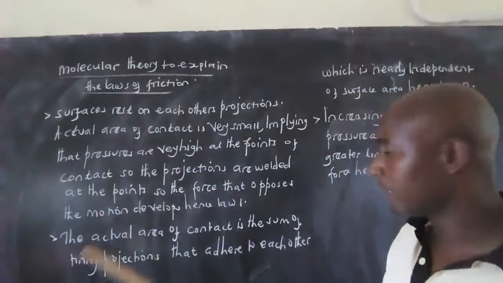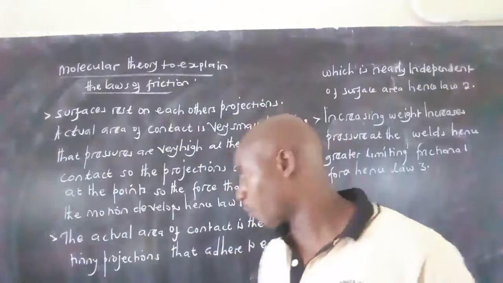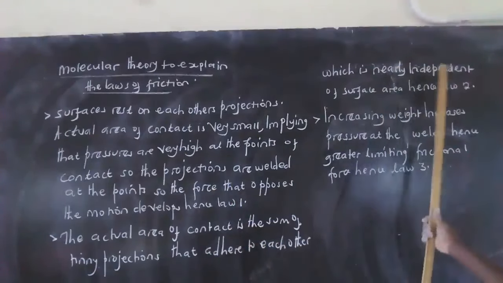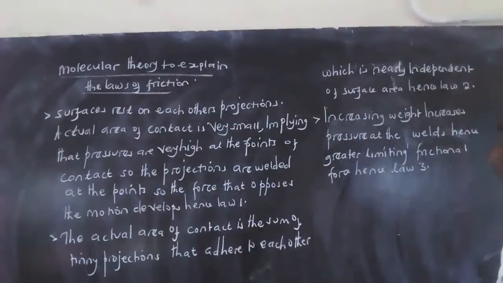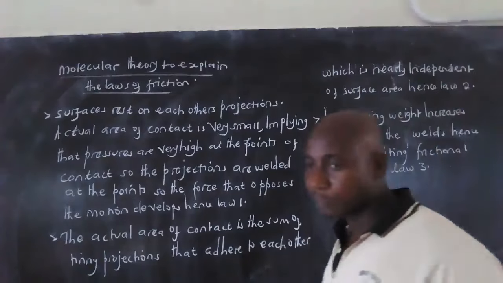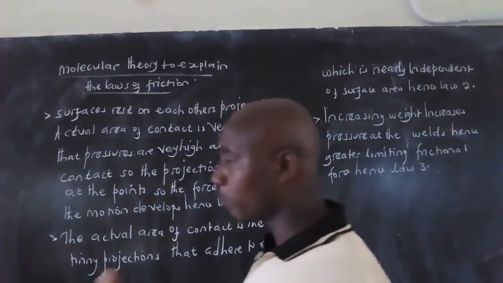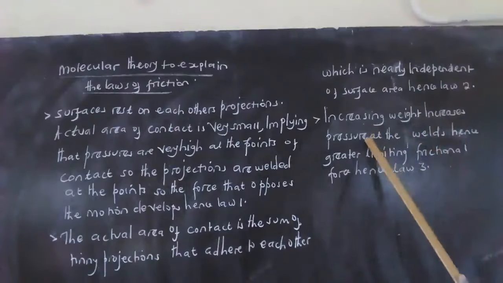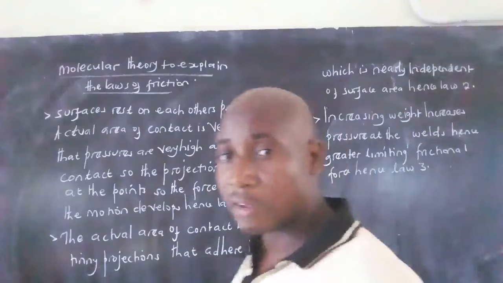Then the other law says it is independent of the area. The actual area of contact is the sum of the tiny projections that adhere to each other, which is independent of surface area. Now, the other one is the normal reaction. Frictional force is directly proportional to the normal reaction. Increasing the weight increases the pressure at the welds, hence a greater limiting frictional force.